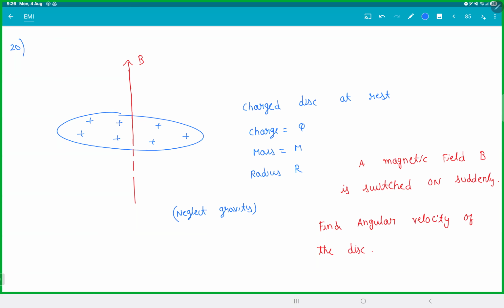But here you're saying it is rotating, so it should be an angular impulse, isn't it? So angular impulse is torque into time. So can you somehow get torque in terms of B? Think. I'll give a minute or two. Give it a try. I'll just get some water and come.